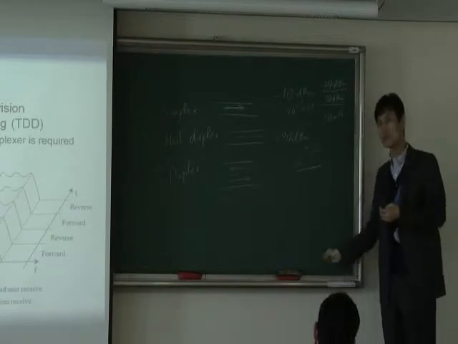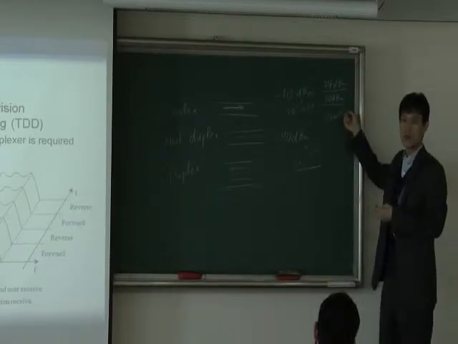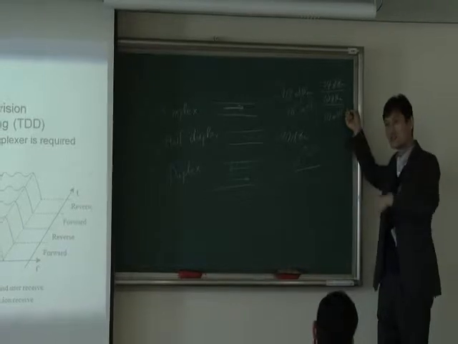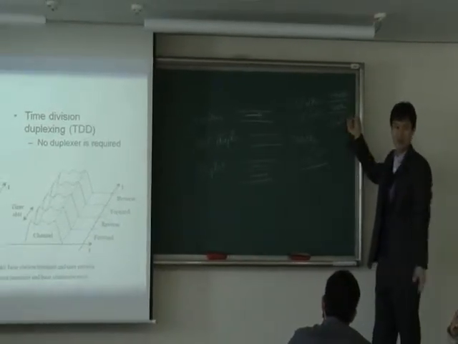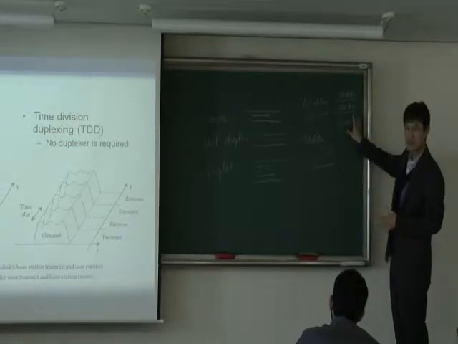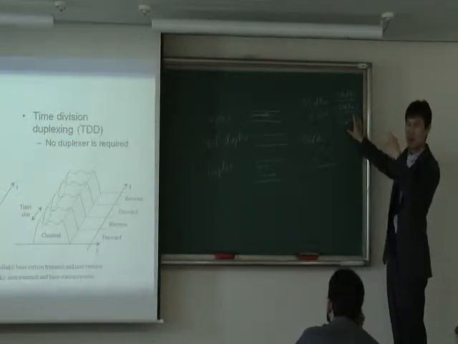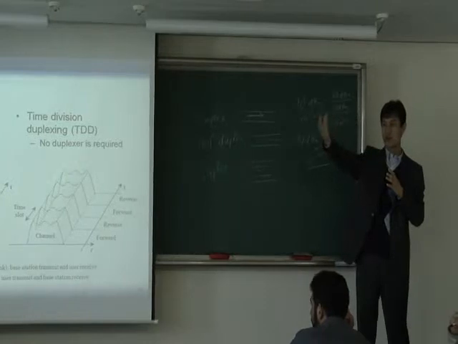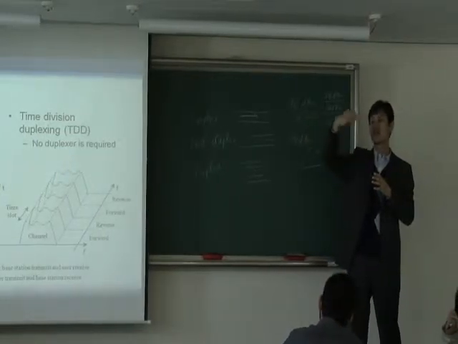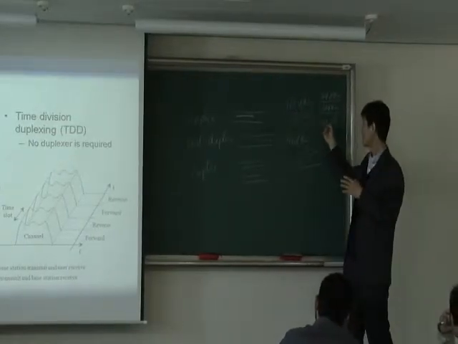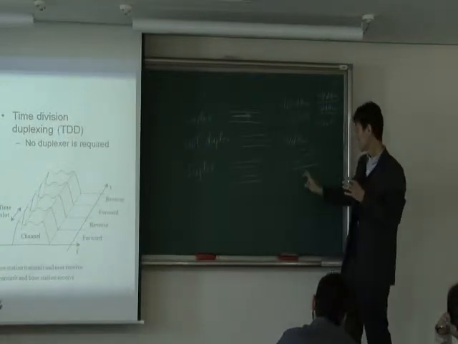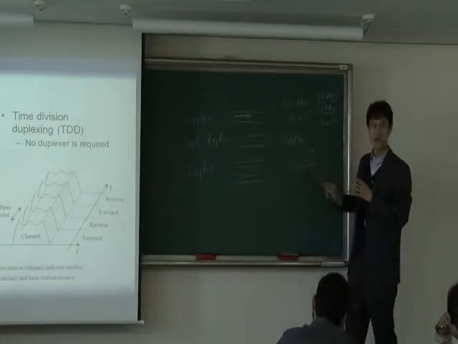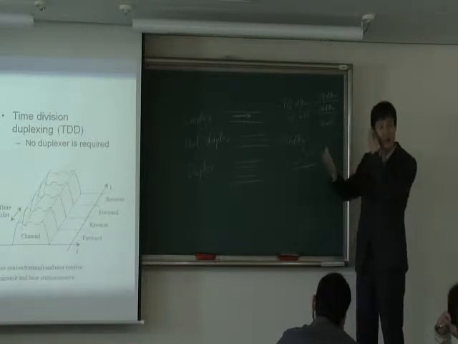Why do you transmit this high power? Simply because your base station is very far away. Your base station is like several kilometers away, right? So you transmit this much power so that it actually travels and propagates, and by the time your signal is delivered, the base station will receive something like this power, because of this propagation loss.